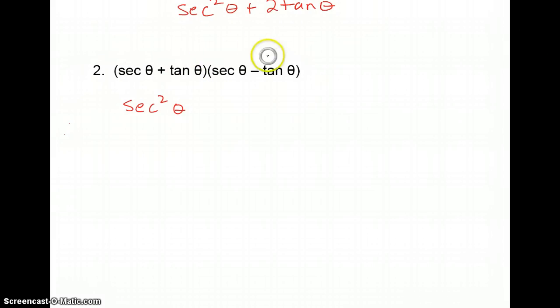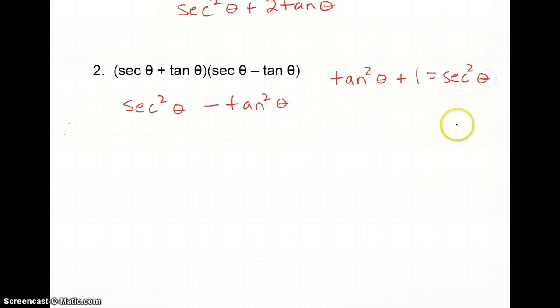And then tangent of theta times negative tangent of theta, when I multiply those together, I get negative tangent squared of theta. And remember, a minute ago we just wrote down that tangent squared of theta plus 1 came out to be secant squared of theta. So I could replace this secant squared right here with this expression, tangent squared plus 1.